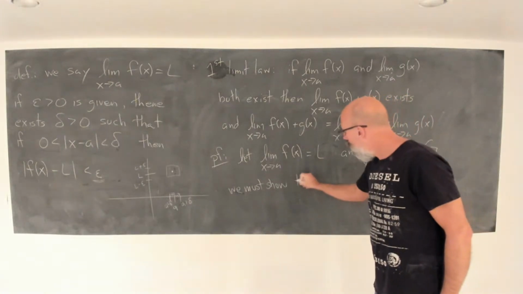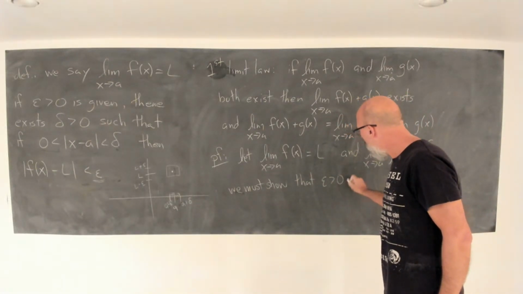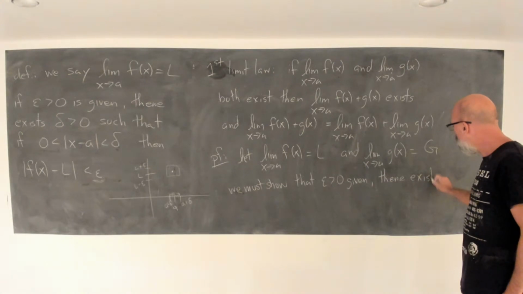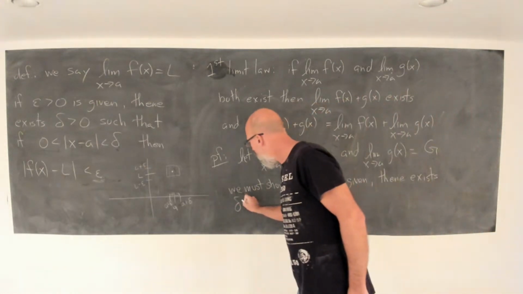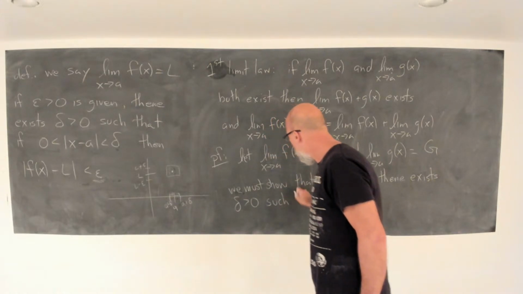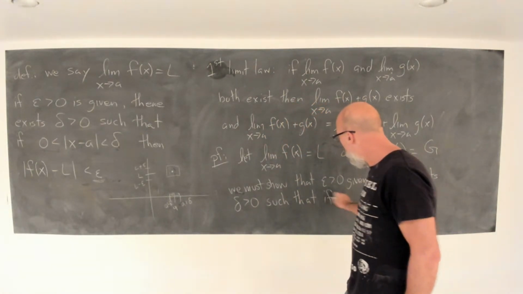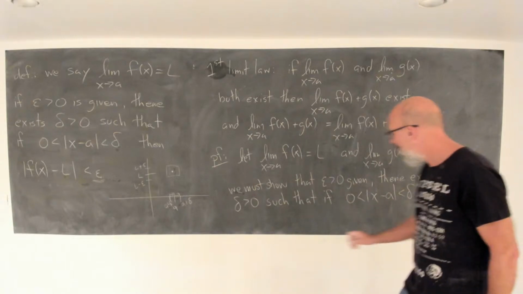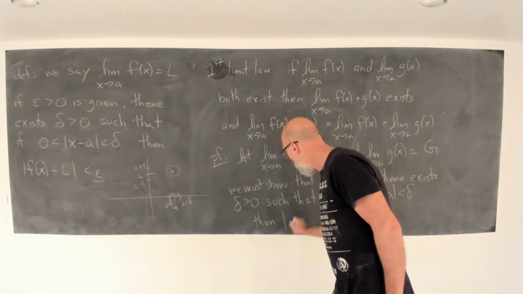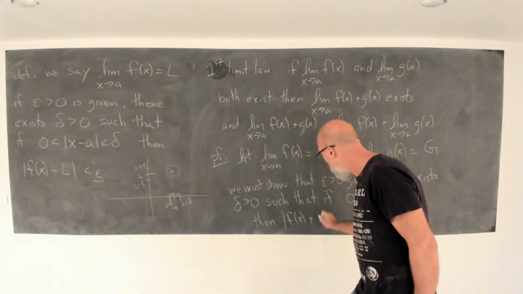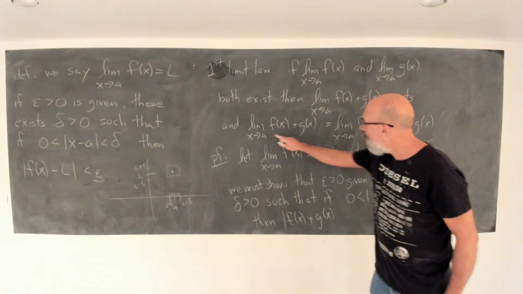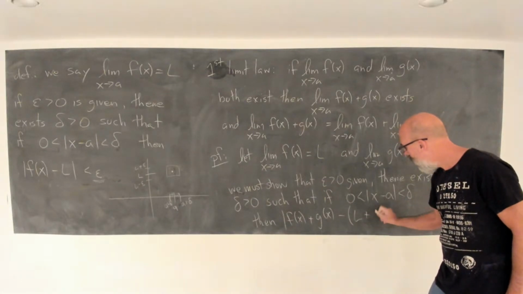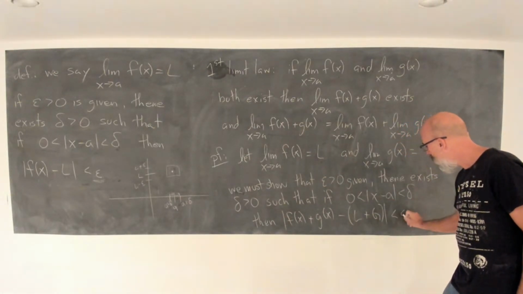We must show that, given epsilon greater than 0, there exists a delta greater than 0 such that if the absolute value of x minus a is less than delta, then the absolute value of f of x plus g of x, our new function, minus the sum of the limits is less than epsilon.